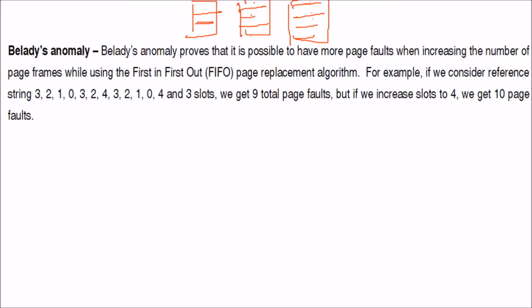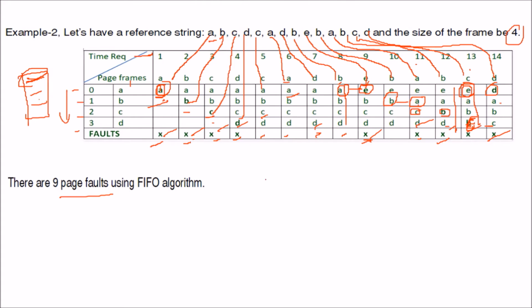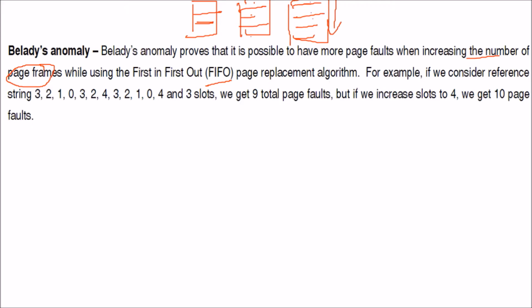But there is Belady's theorem with first in, first out. That is, if you increase the number of frames, which seems to be a very obvious choice, there will be a Belady's anomaly.